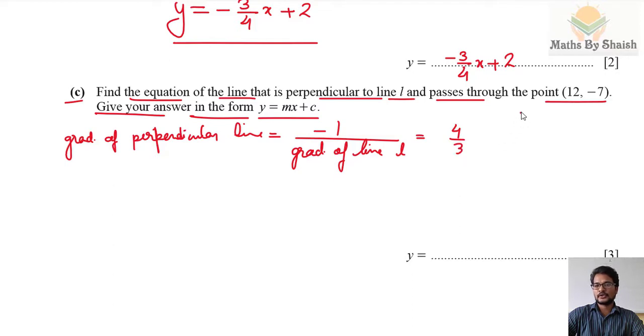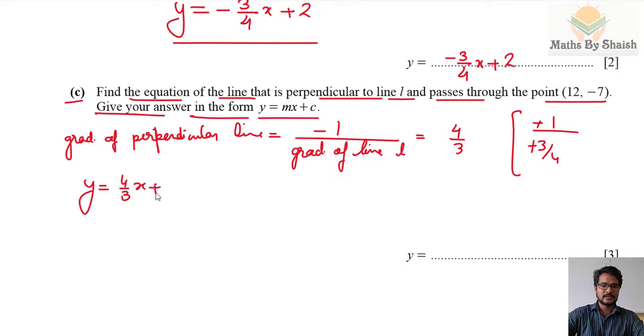Or we can solve it this way: minus 1 upon minus 3 by 4, the minus cancels, 4 goes up, so it is 4 by 3. So we substitute it here and get y equals 4 over 3 x plus c.